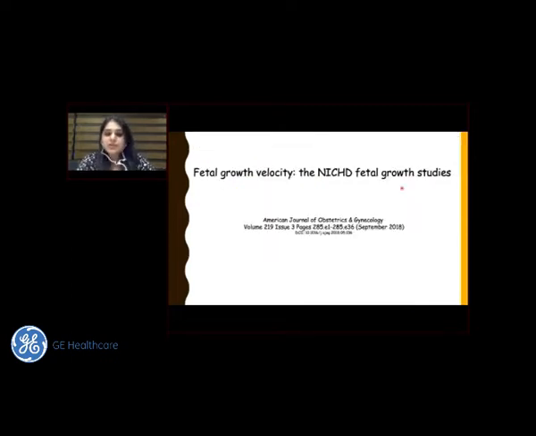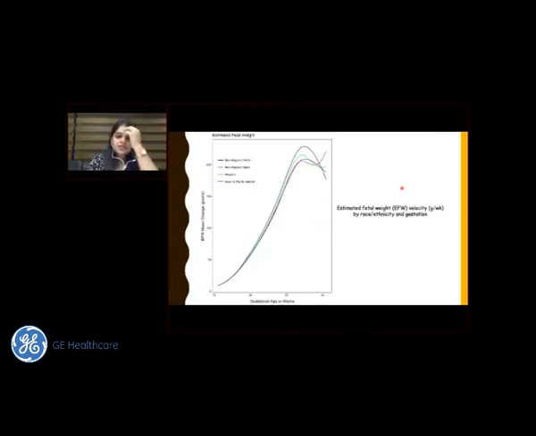Now the last two slides, where I would just want to throw some light on the customized and population growth charts. There has been a lot of enthusiasm going on in the last decade about having to use customized and population-based growth charts.